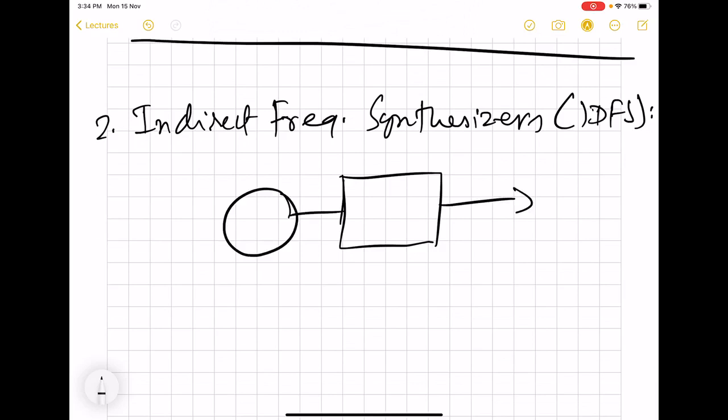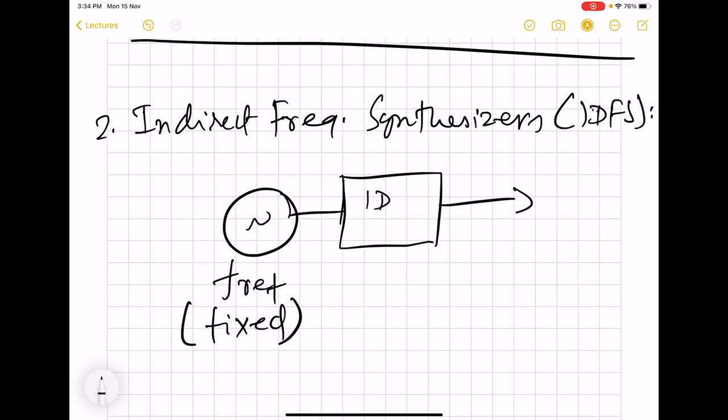In the previous architecture, the DFS, we saw that it also required one periodic signal in the form of F clock, the clock signal, and the output was always less than the clock frequency. So here also we will require one F ref. The previous F clock can also be interpreted as F ref. A reference frequency will be required, and this will be, like the previous case, a periodic signal of fixed frequency.